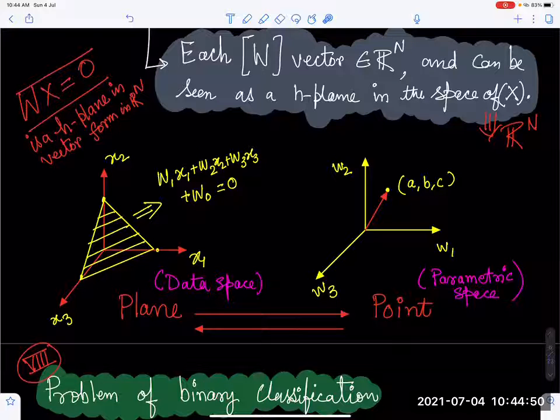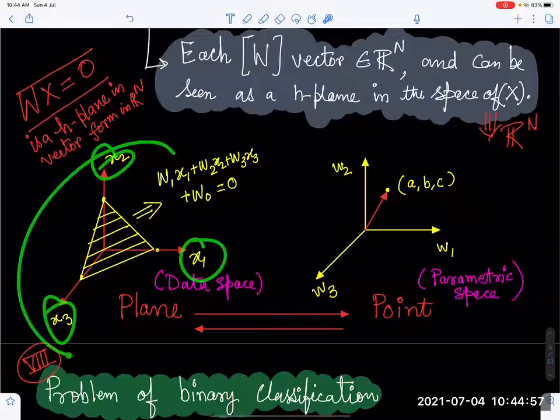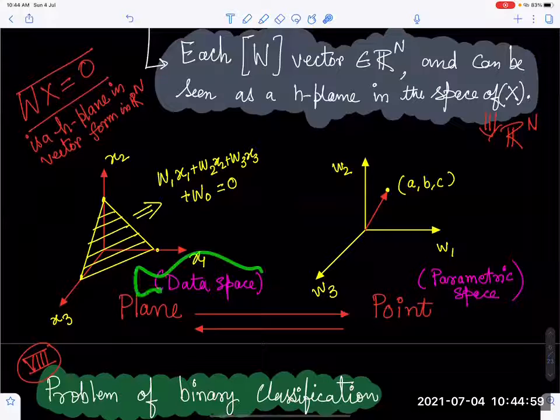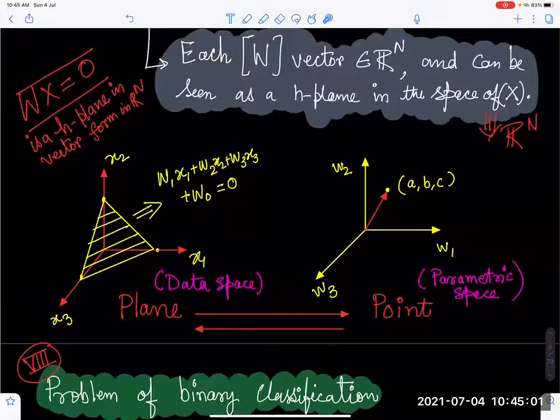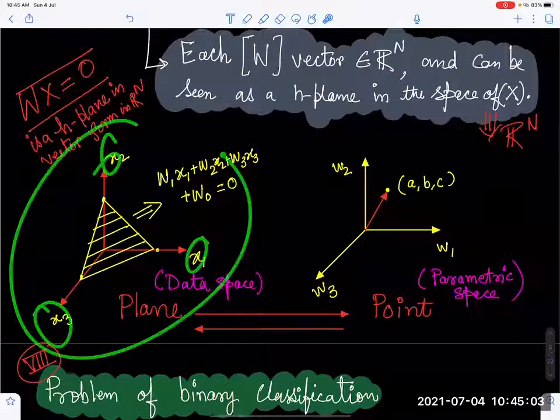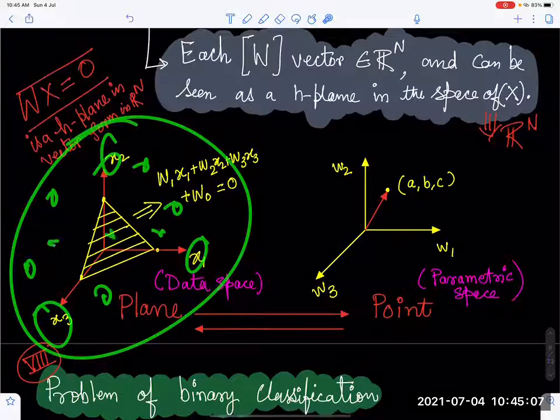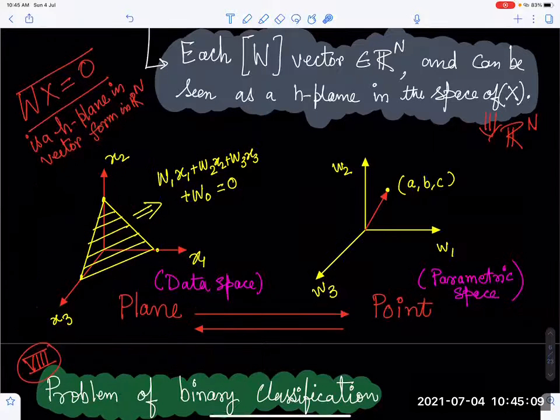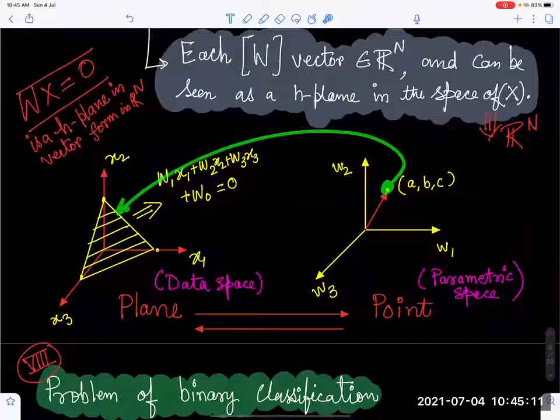Again I'm reiterating, if you're not able to understand, please ask. This is my x1, x2, x3, my data space where my data is lying. All my points are over here, maybe this, maybe this, and so on. If I take a point over here and see it over here, it's a plane.